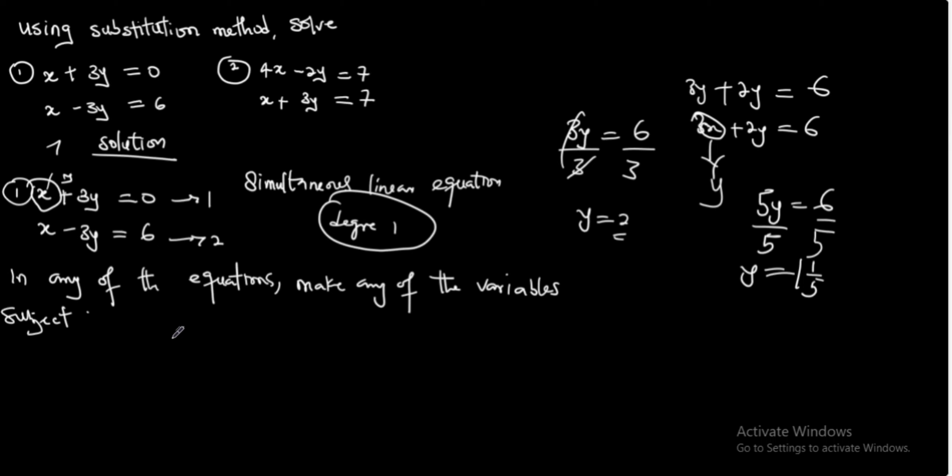Okay, so remember how to make a variable subject of formula, right? So this is what we want to do. I want to make either x or y subject of formula in either of the equations.